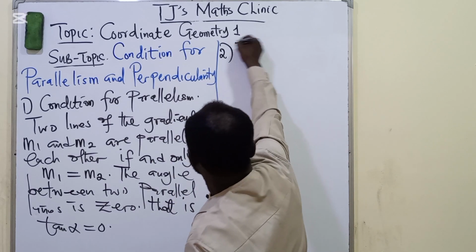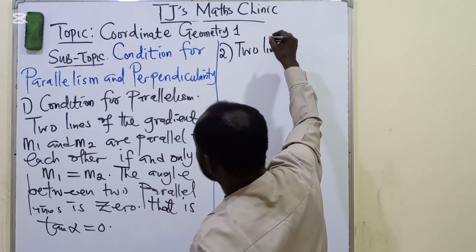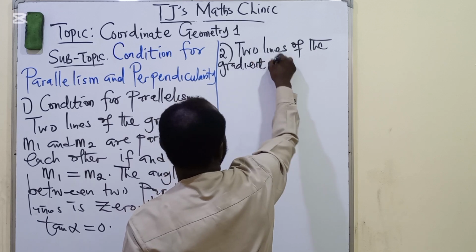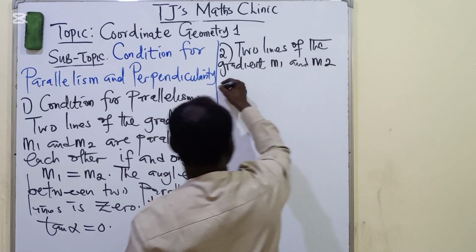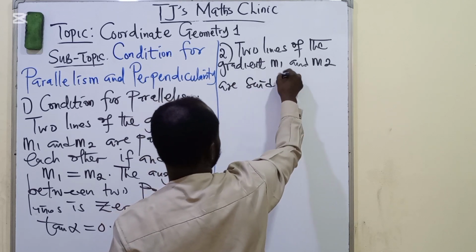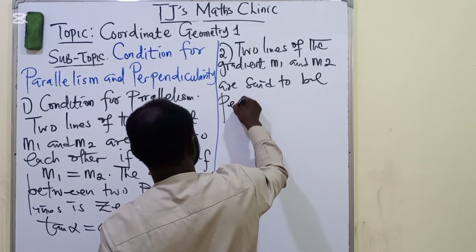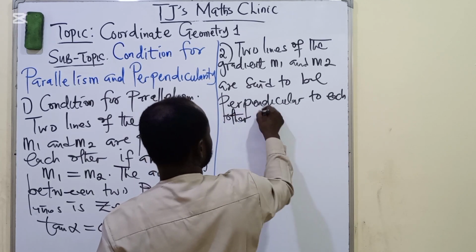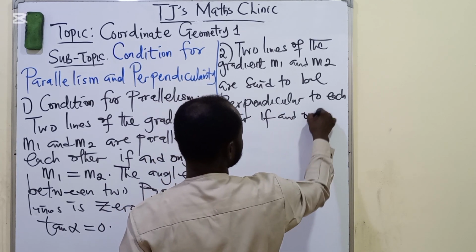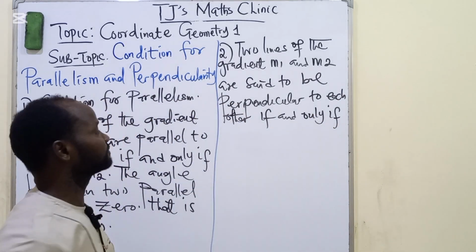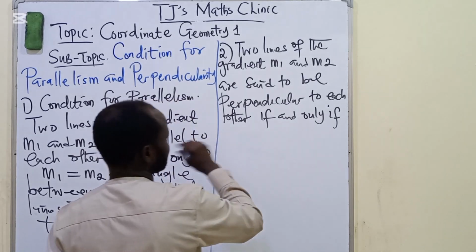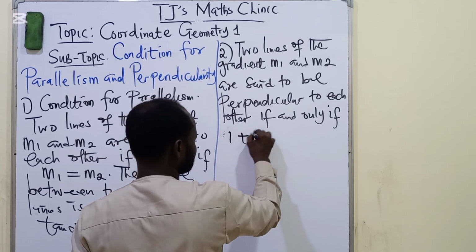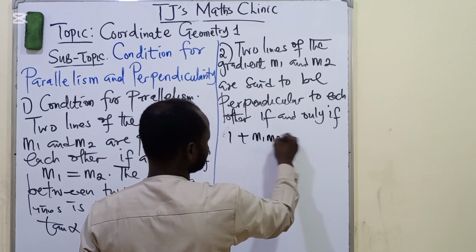Condition for perpendicularity. Two lines of the gradient m1 and m2 are said to be perpendicular to each other if and only if 1 plus m1 multiplied by m2 is equal to 0.